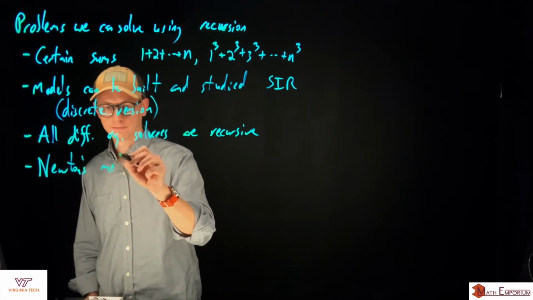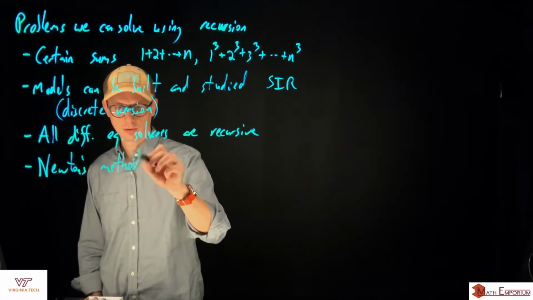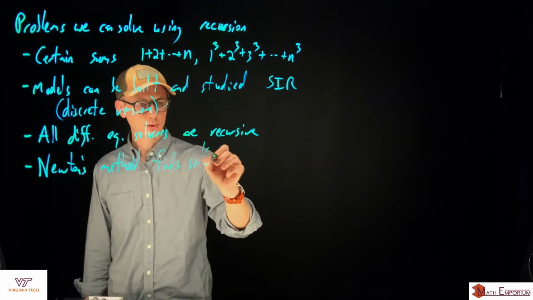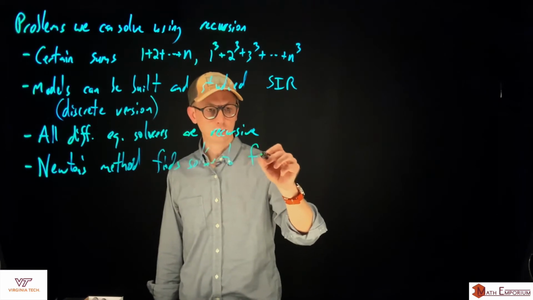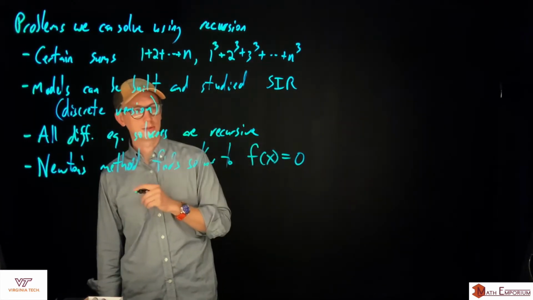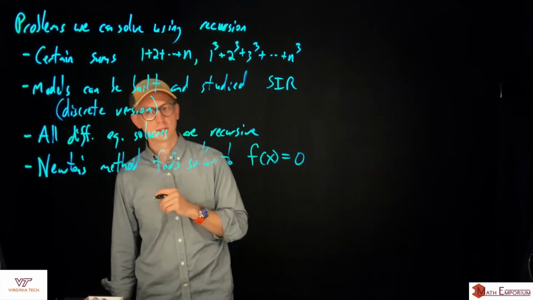Newton's method finds solutions to f of x equals 0. It'll actually find the x's that solve this thing, so it's a root finder.